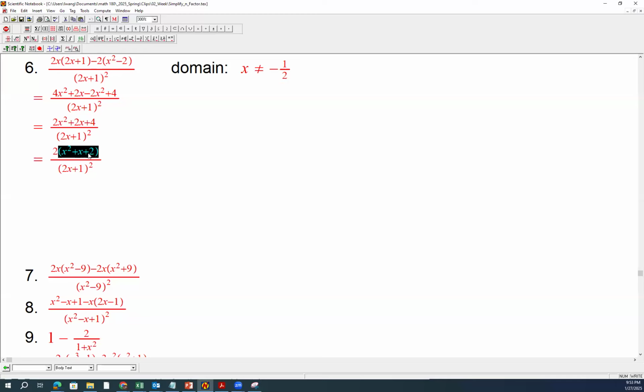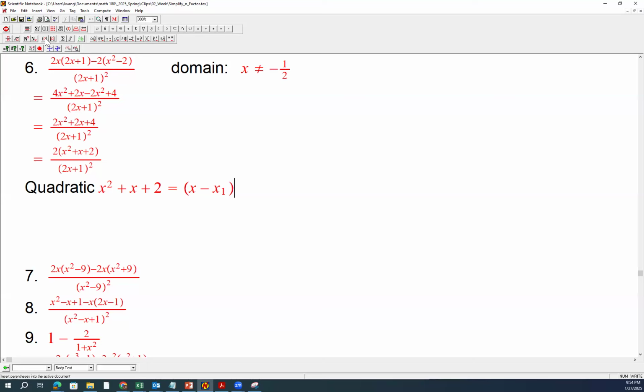So x squared plus x plus 2, once again, is a quadratic function. For this quadratic, can we factor it? Because if we can, the factored form should equal x minus x sub 1 times x minus x sub 2.